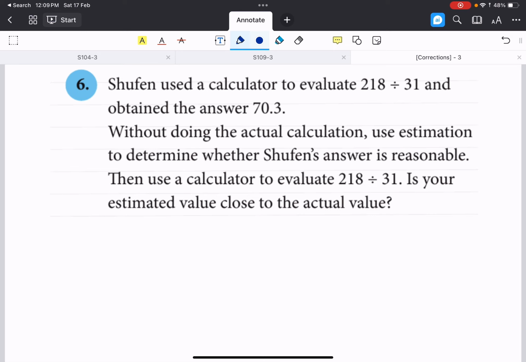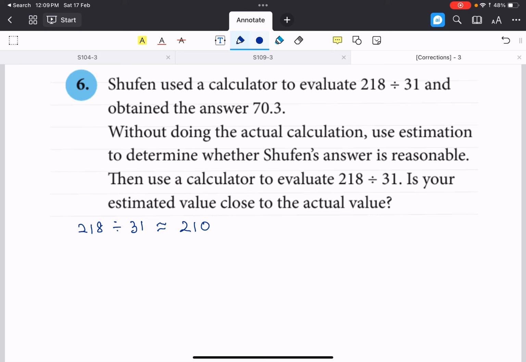But let's see how it looks if we use estimation. So 218 divided by 31. If we were to do estimation, it means we round off each part to something reasonable before we get the answer. So if I want something that is reasonable and easy to calculate, we can have something like this: 218, we can put 210.